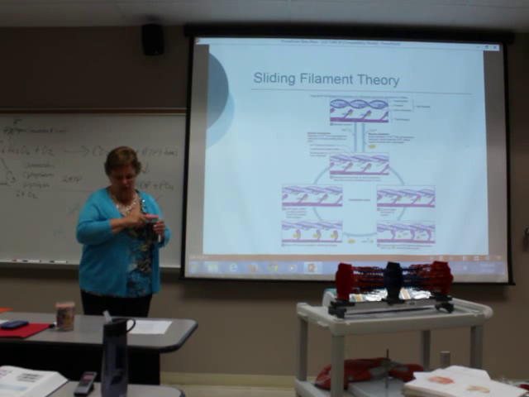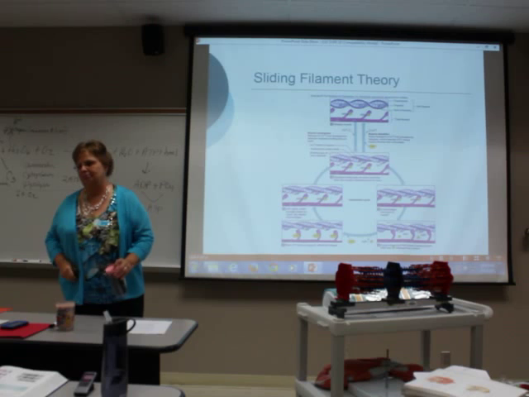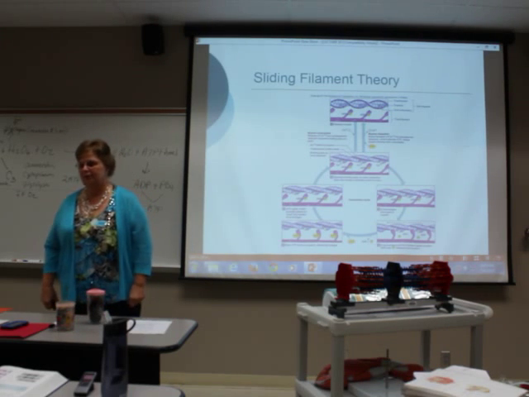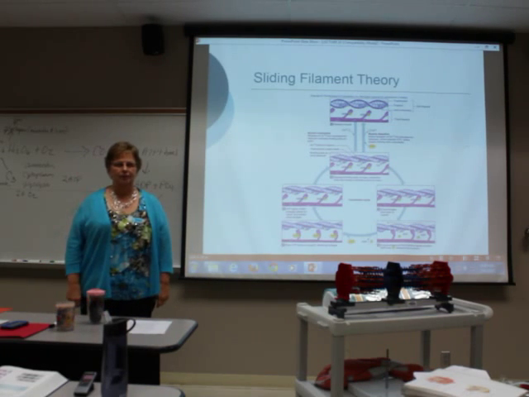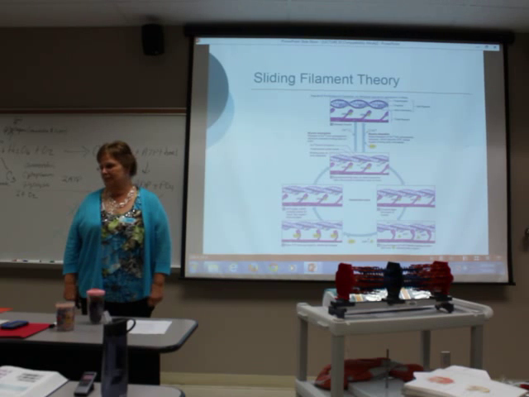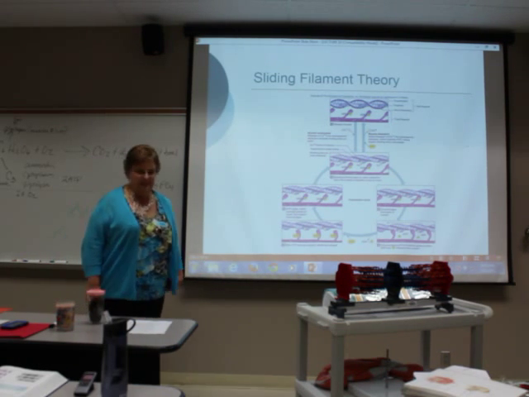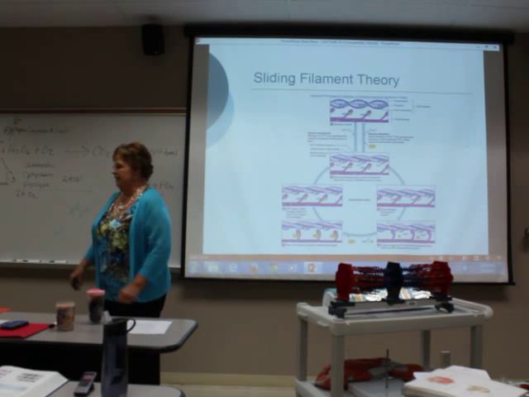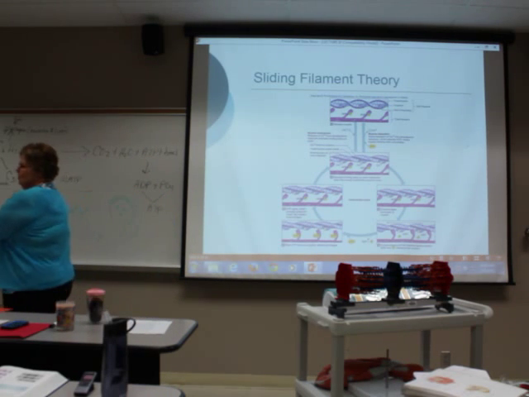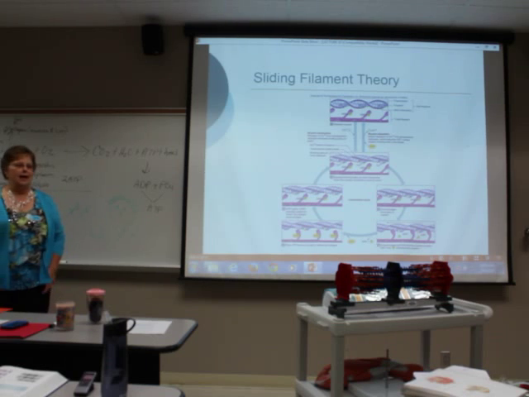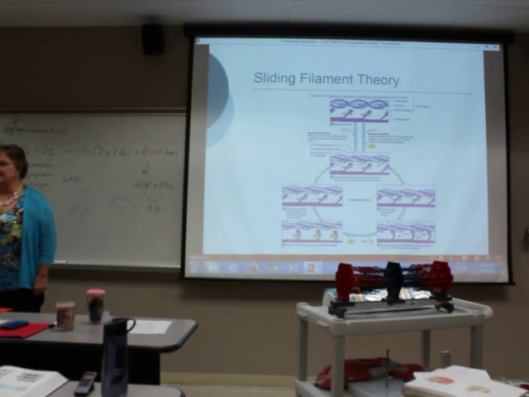And so your contraction ends when? What caused the tropomyosin to come off? Calcium. So the contraction ends when calcium returns home. How does he go home? He uses an active transport system to take him back to that SR. What's an active transport system?